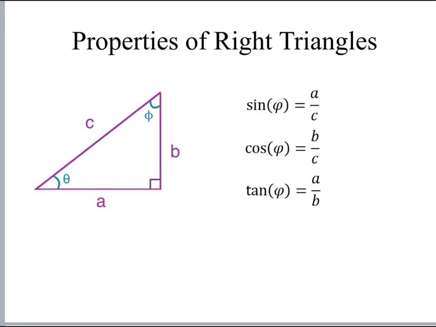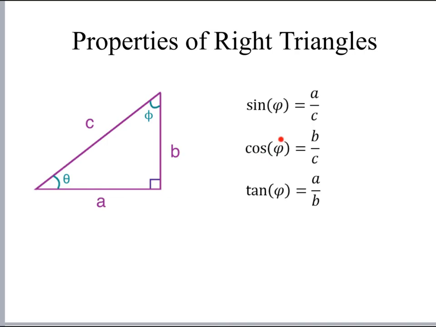So here I have that triangle written again, and if we look at phi, we can see the opposite is A, and the hypotenuse is still C, so the sine of phi is going to be A over C. That's not what it was in the previous slide because we were looking at theta, not phi.